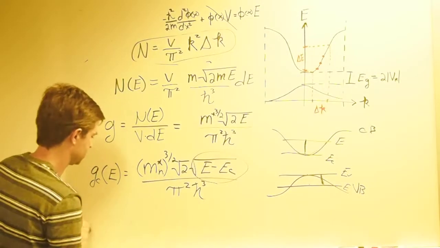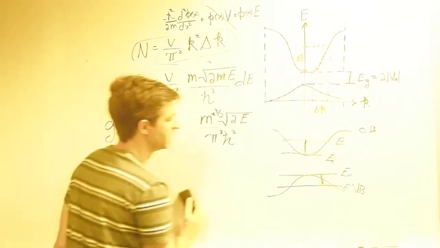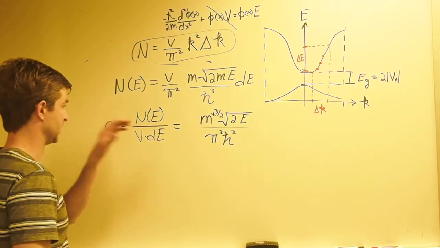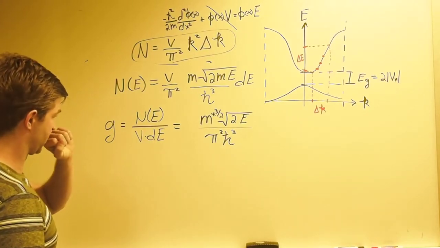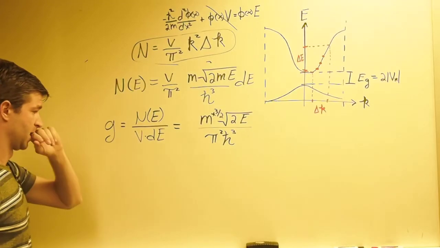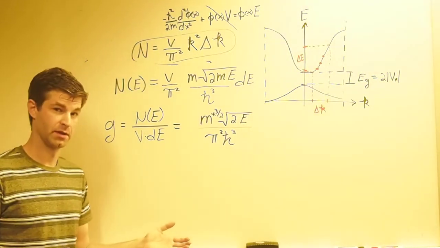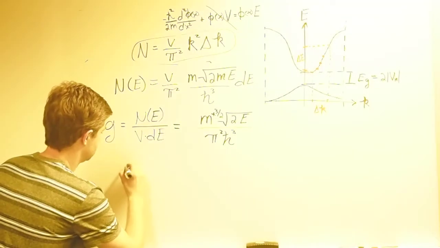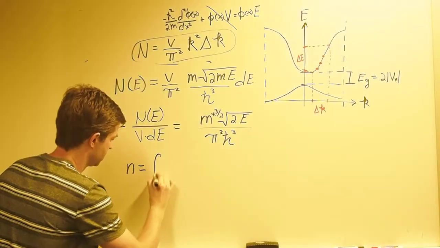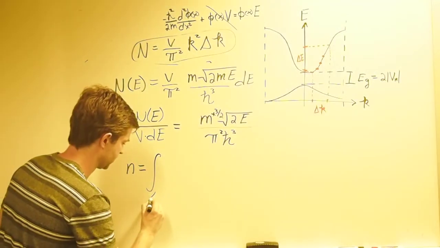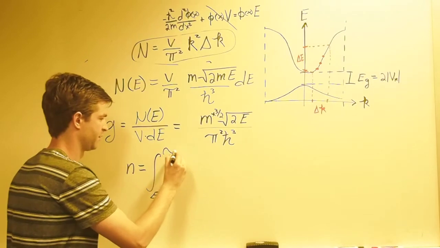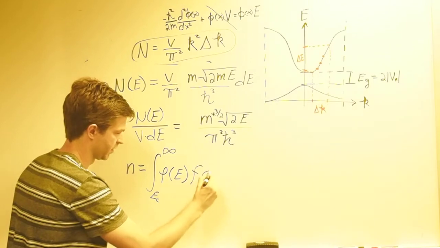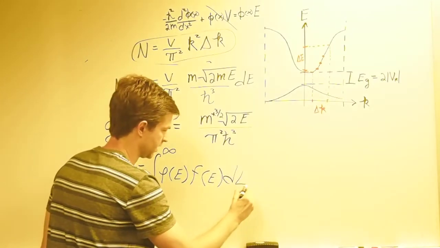I'm going to explain one more thing, and then I'm going to go on to two-dimensional density of states, or density of states in 2D. Just to reiterate on this, when we're looking at carriers, the number of carriers in an electron, that's n equal to the integral from the bottom of the conduction band to infinity of rho of E times f of E dE, right?